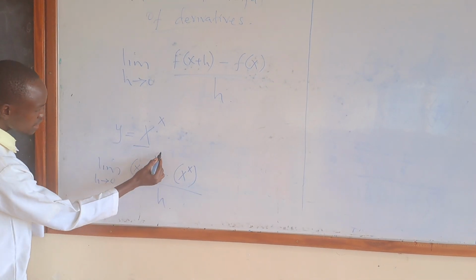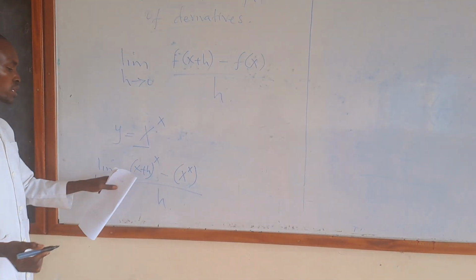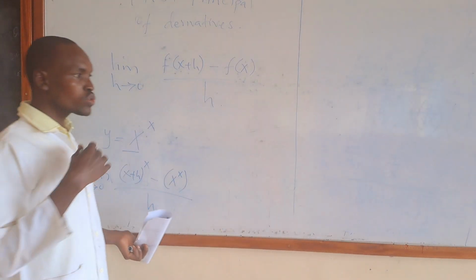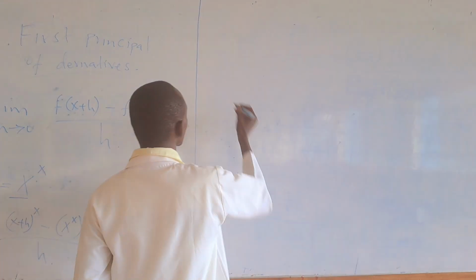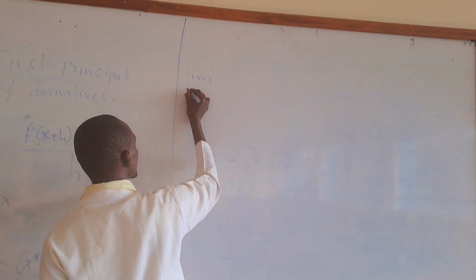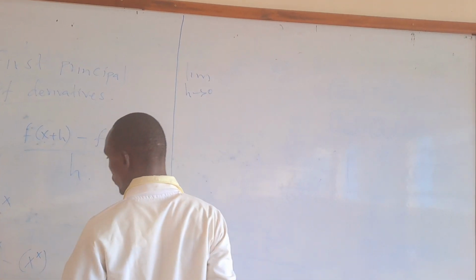So let's rewrite this first. For us to rewrite this, we are going to expand it binomially. So it will be the limit as h tends to 0.